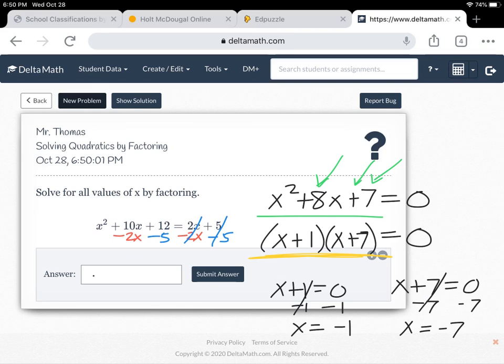So my solutions are -1 and -7. Those are my solutions. And something we can remind ourselves, when it's with the x, it's not what you think. So if it's plus 1, my solution's a negative. If it's plus 7, my solution's a -7. And we're going to expand on this solving in the next couple modules that we look at as well.